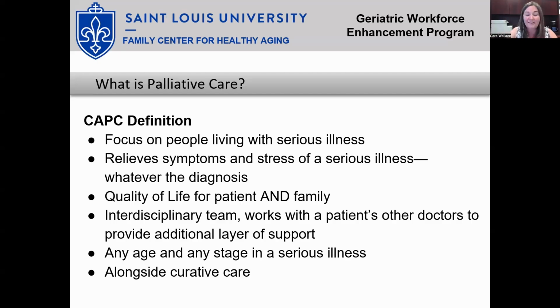Palliative care can help someone live well with a serious illness, helps people with serious illness stay at home rather than having to go to the ER or into the hospital. It reduces physical discomfort, improves quality of life, and makes living with a serious illness easier, both for the person and those who live with them. So again, focusing on this is for any stage of serious illness, and really highlighting the team that comes along with palliative care that works alongside their other care professionals.